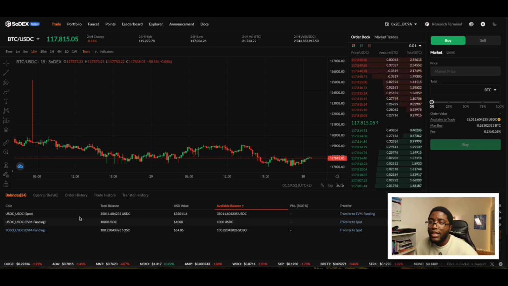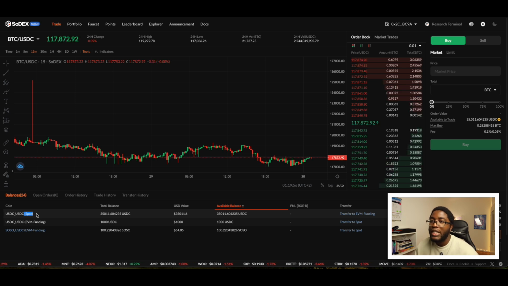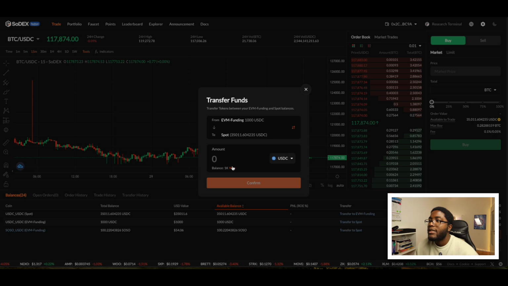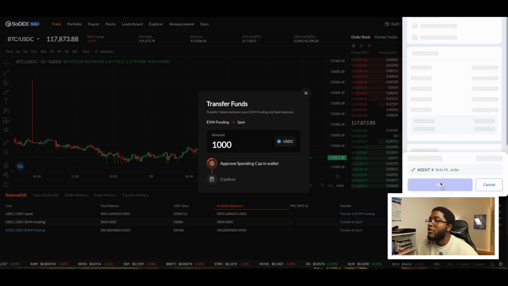As you can see under here, I have USDC spot. That is what I can currently use to trade. This is the one I got from the faucet just today. It's in EVM funding, and I cannot trade with this one, so I need to transfer it first, max. I need to transfer it to spot before I can use it to trade, which I'm now confirming with my wallet.